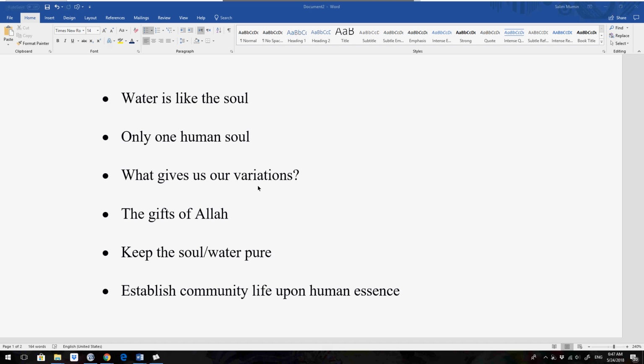If we do not establish community life in America, we will not get all of the benefits that Allah offers us as Muslims. We're not going to get the benefits of the Muslim life being single. You get the benefits of the Muslim life by marrying, having family, and establishing Muslim community life, Muslim communities.